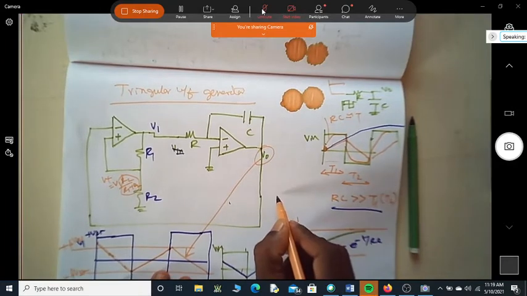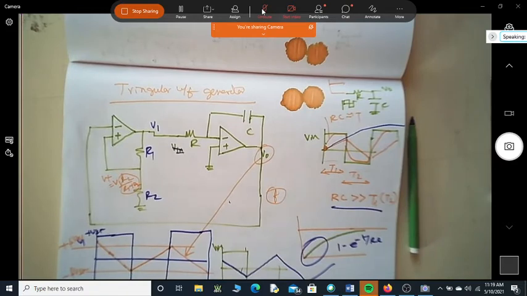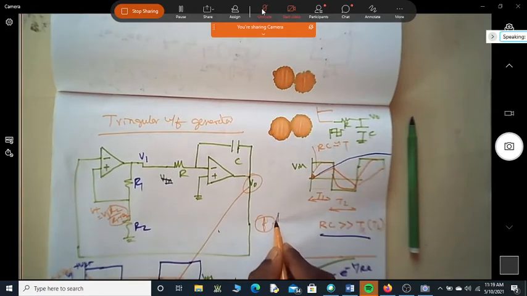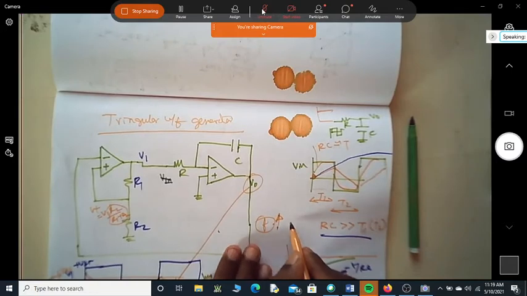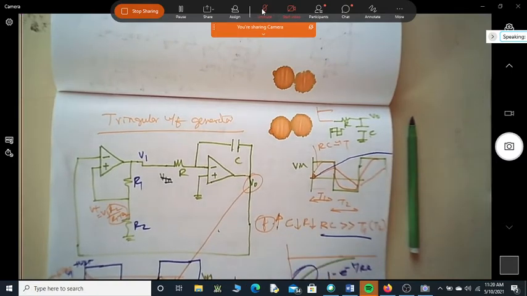How do I change the frequency of this triangular waveform? Can I change the frequency? Can frequency be increased by reducing either the C value or the R value?